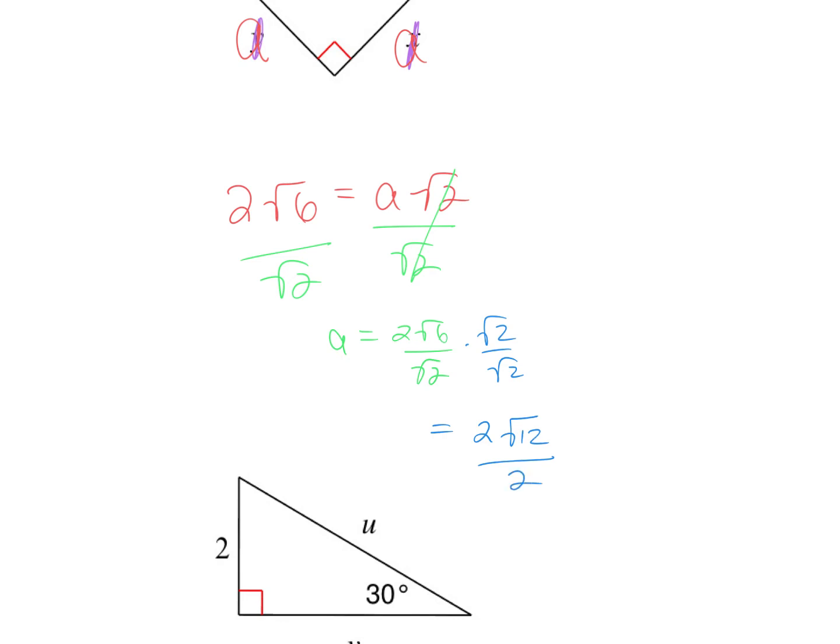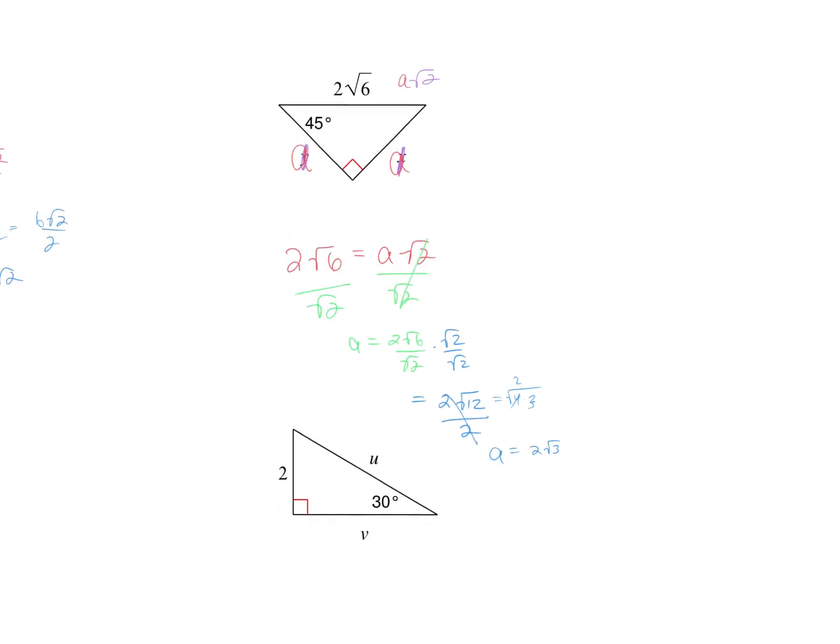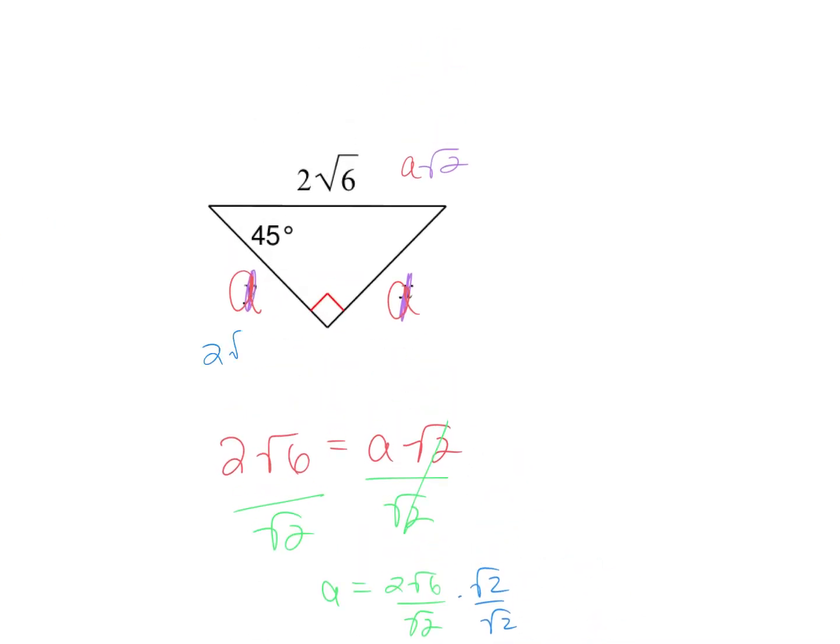There's a lot of simplifying we can do here. What can I do first? Cross off the 2's, good. What about square root of 12? Do I just leave that? No, what does 12 break up into? 4 times 3, right? So I have A equals 2 square root of 3. So what did I just find? A. I found both of my legs. They're 2 square root of 3.